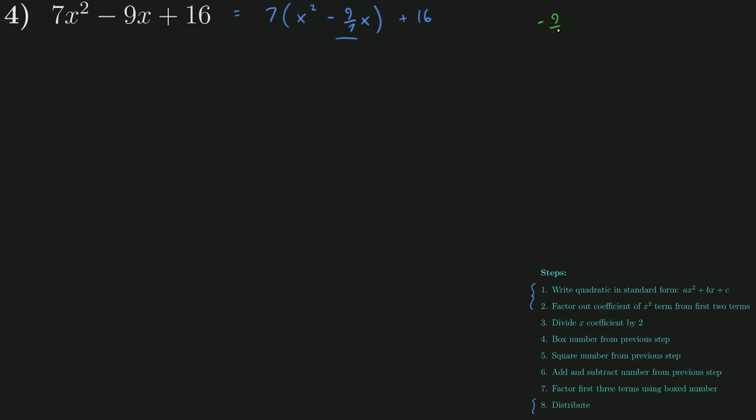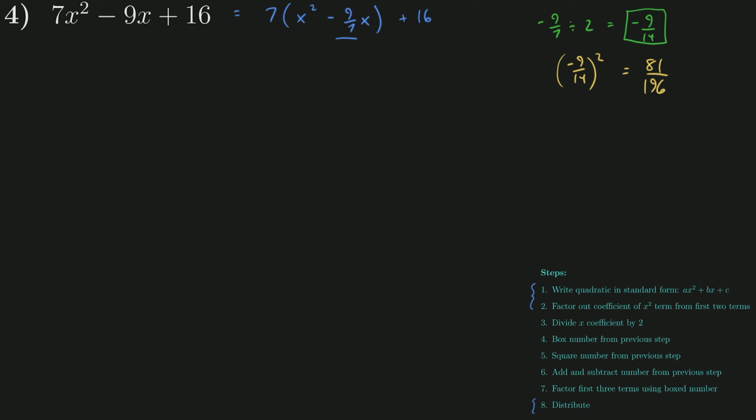Step 3, divide this coefficient by 2. Negative 9 over 7 divided by 2 is negative 9 over 14. Step 4, put a box around that number. Step 5, square that number. Negative 9 over 14 squared is 81 over 196.